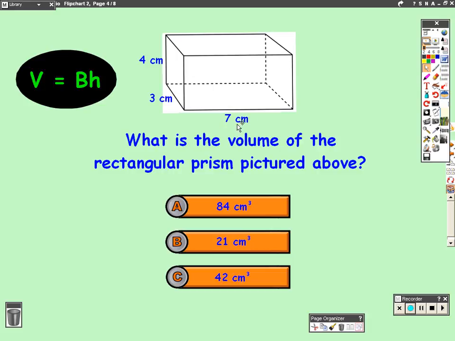When we take 21 times our 4, we'd end up with our final answer of 84 centimeters cubed. Now it's not squared because that's for two-dimensional objects. We're instead looking for cubic centimeters, which is for three-dimensional objects, which is your height, your width, and then your length also that you would have.